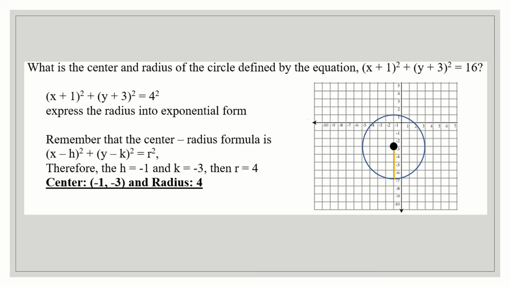Remember that the center radius formula is the quantity of x minus h squared plus the quantity of y minus k squared is equal to r squared. Therefore, the value of h is equivalent to negative 1 and the value of k is equal to negative 3. Remember na ang operation between x and h, y and k is subtraction.